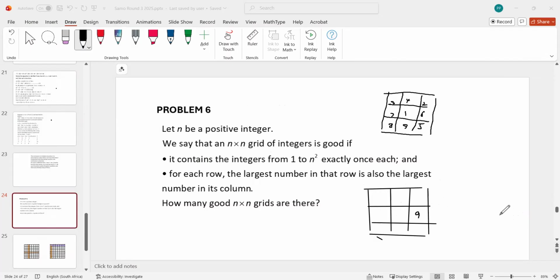Like there. Right. Now, that 9 is going to be the largest number in that column and also in its row. Obviously, it's the largest number in the entire grid. Now, what I'll do is I'll eliminate the row and the column in which this occurs.